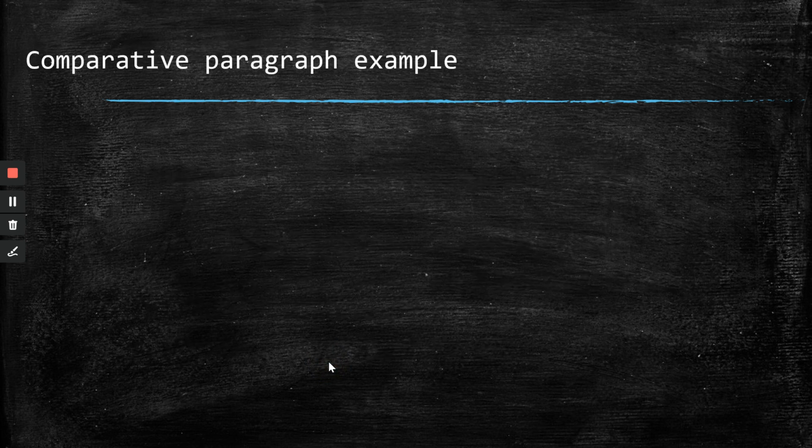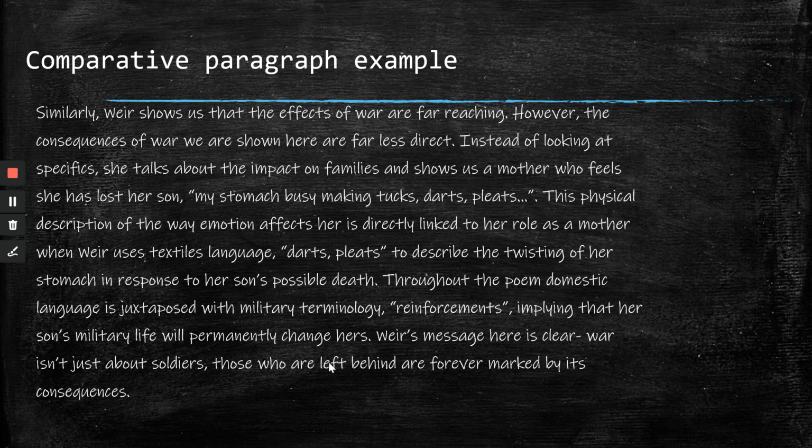Okay, so my comparative paragraph example. So you see, two paragraphs for the price of one this time. Similarly, Weir shows us the effects of war are far-reaching. However, the consequences of war we are shown here are far less direct. Instead of looking at specifics, she talks about the impact on families and shows us a mother who feels she has lost her son. "My stomach busy making tucks, darts, pleats."